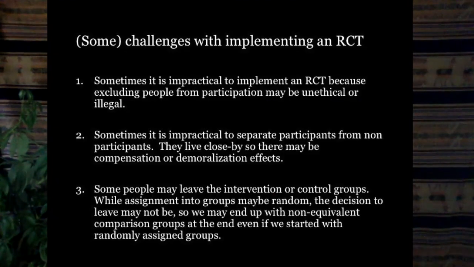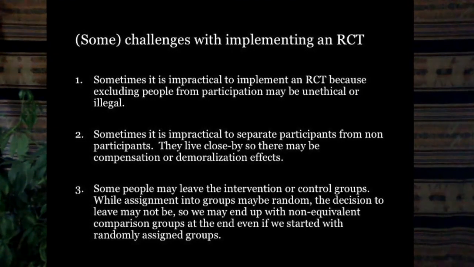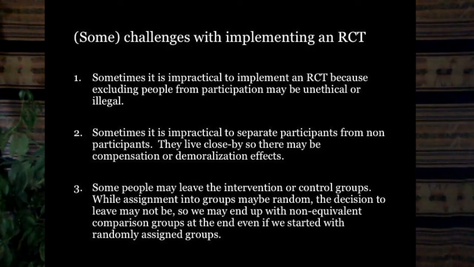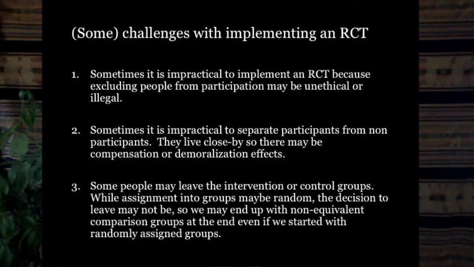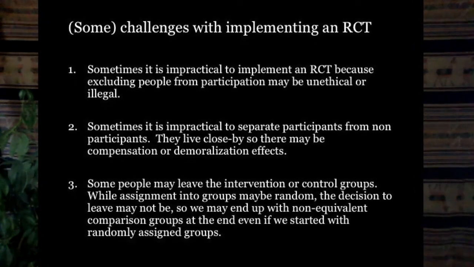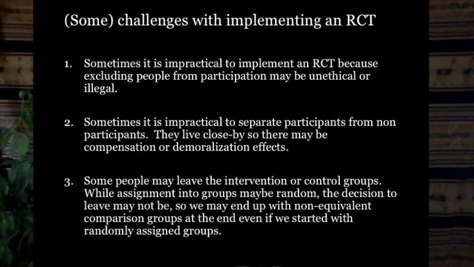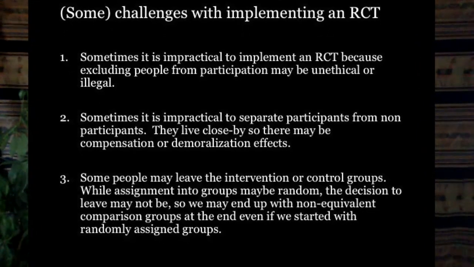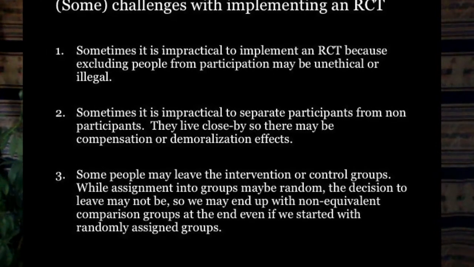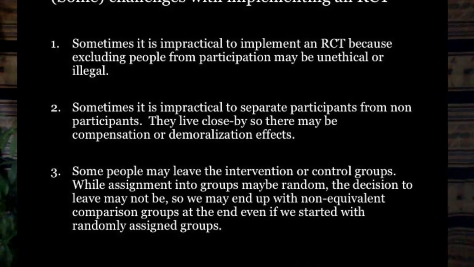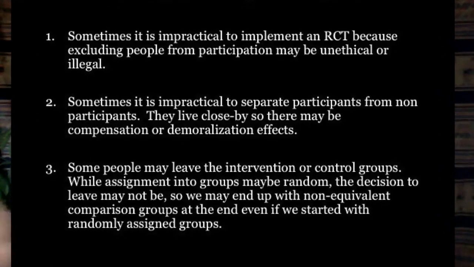Also, in real life experiments dealing with real interventions, some people may leave the intervention, right, or the control group. And while the assignment into the groups may have been random, the decision to leave the program may not be random, right? Some people may be deciding to leave the program for some reason that may be related to the outcome.